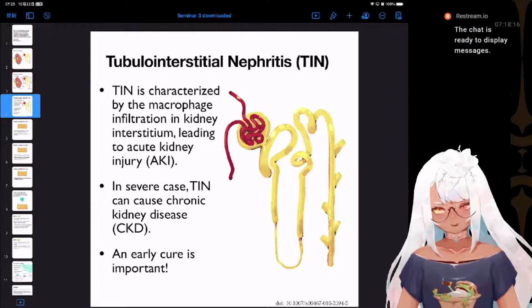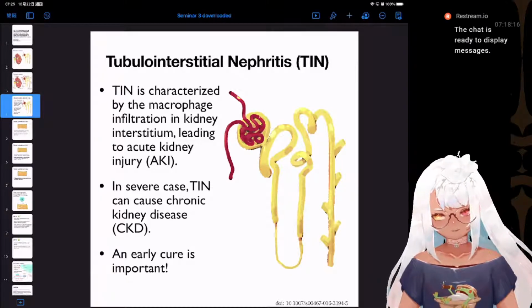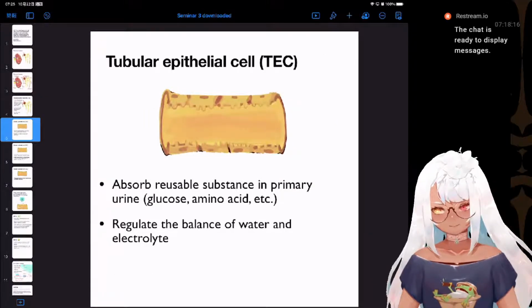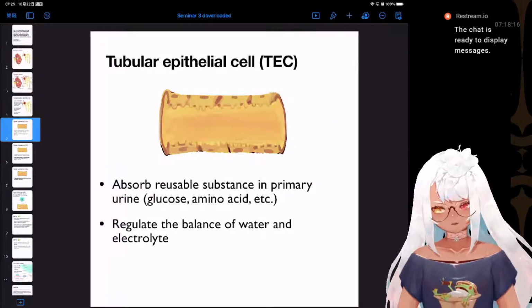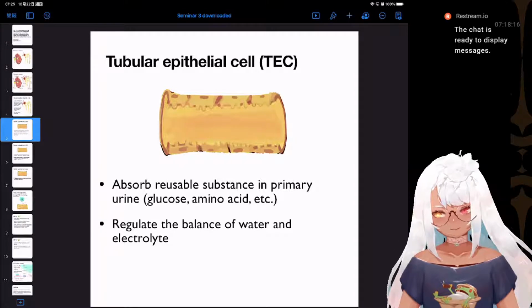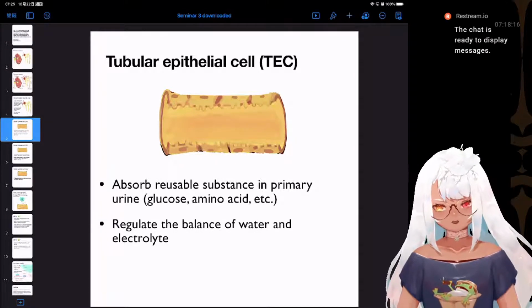Okay, now I'm gonna talk a little bit about our first main character, the tubular epithelial cell, or in short TEC. It's the basic functional cell type in our kidney tissue.